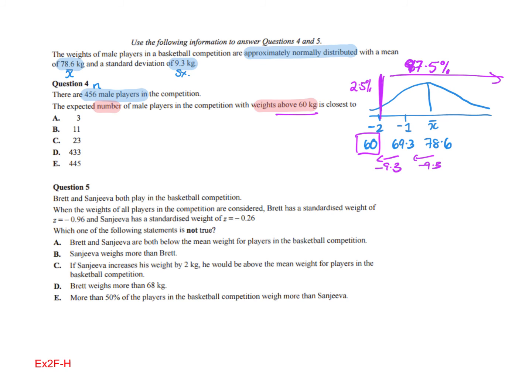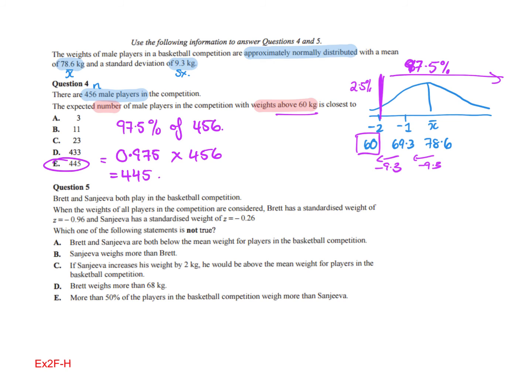So really, we've got 97.5% of the 456 males. So you're going to do 0.975, change it to a decimal, times by 456. And what will that equal? So I got E, 445.